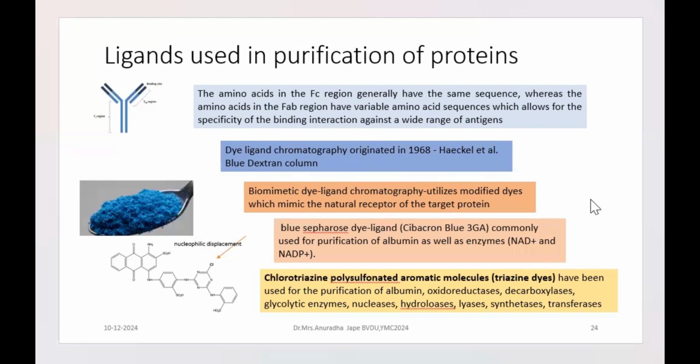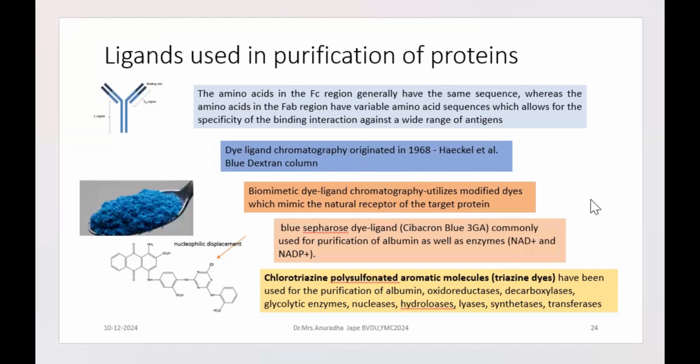So what happened? It was as early as 1968. Haeckel from Germany was working on chromatographic systems, and it was actually gel exclusion chromatography he was working with. But along with the elution fraction, he found a dye molecule, a colored molecule, had got eluted in the fraction.